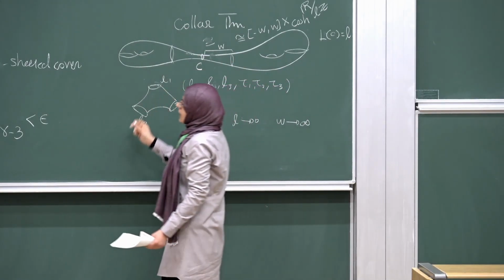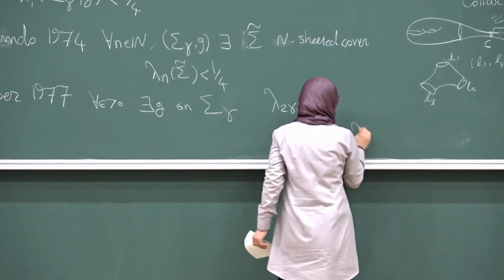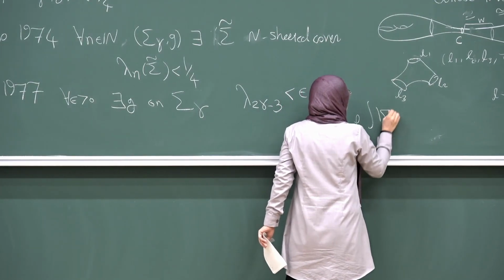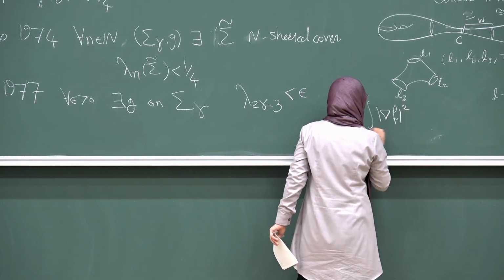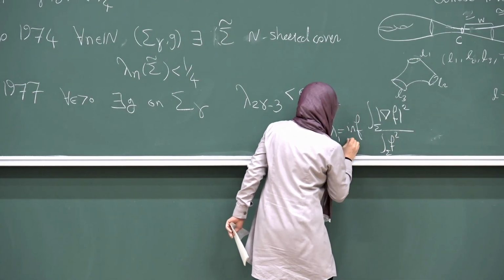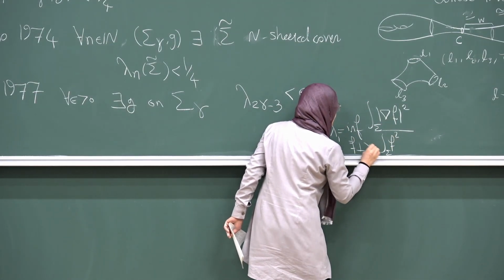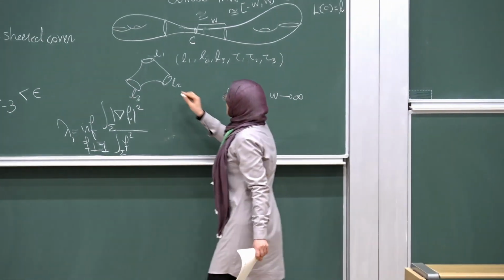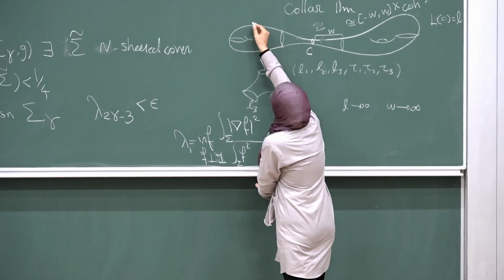We know that lambda 1 we can characterize as the infimum of the Rayleigh quotient of all functions orthogonal to the constants on sigma. So let's build a test function.